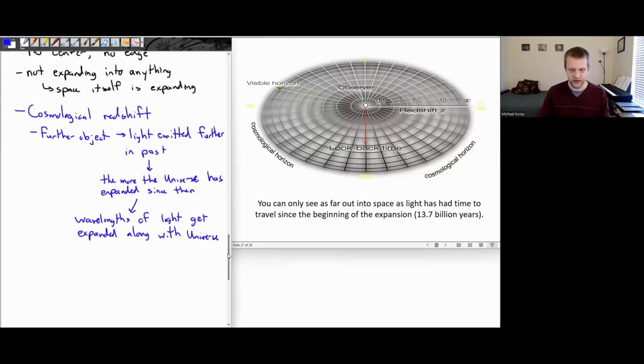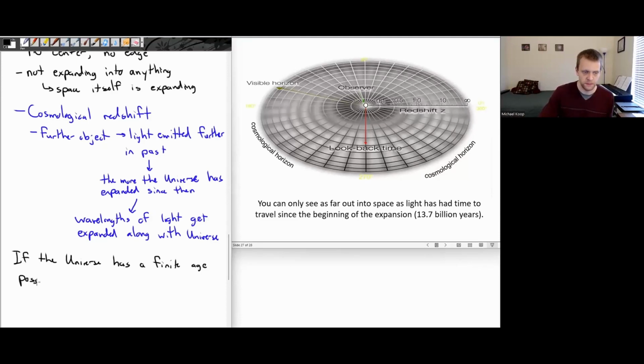So for very, very distant objects, if the universe has a finite age, then there might be very distant objects where their light has not had time to reach us.